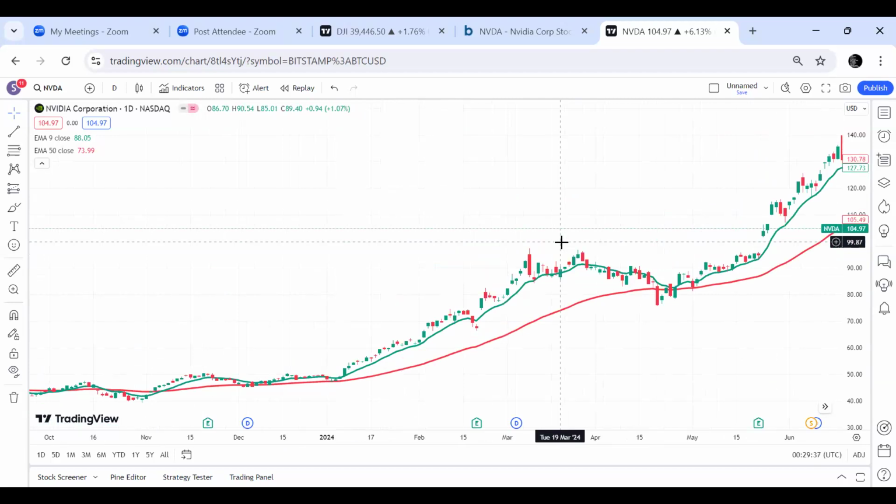These moving averages help traders to identify key levels of support and resistance as well as to determine the right moments to enter and exit trades. They are particularly useful for confirming the trend direction, which is crucial since the trend is your friend until it bends. Moreover, moving averages can also signal potential trend reversals.